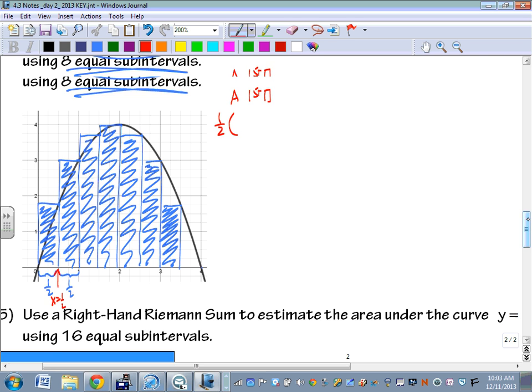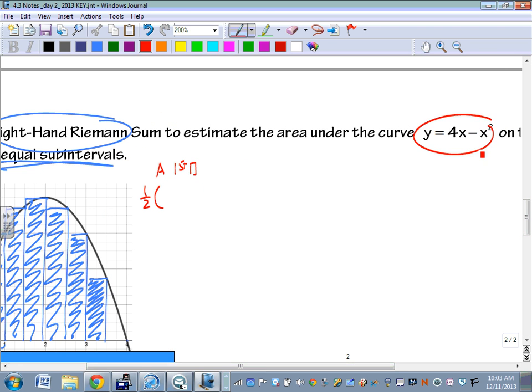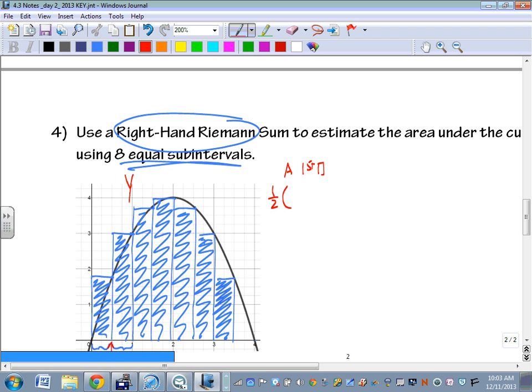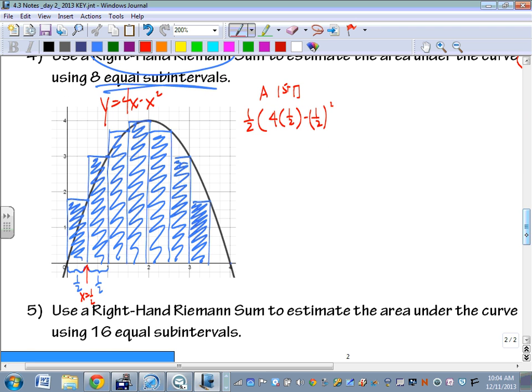We have to plug that into our equation. So we're going to have 4 times 1/2 minus 1/2 squared. That's going to give us the area of the first rectangle. We're not going to work that out just yet.